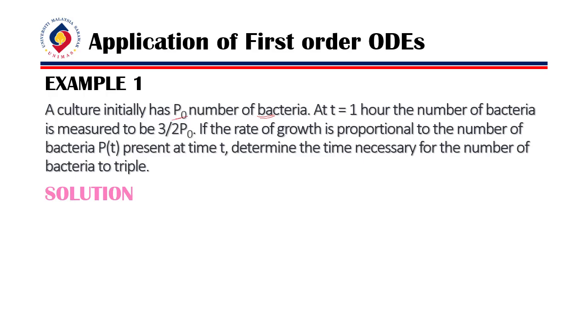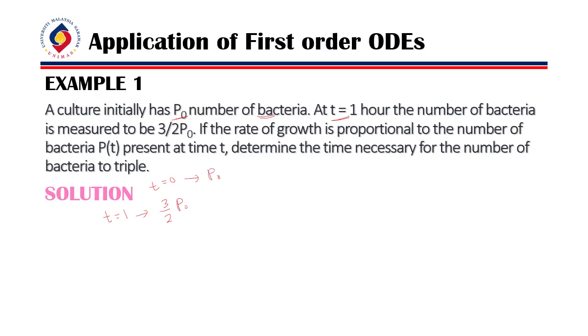We have a P naught number of bacteria. At t equal to 1 hour, the number of bacteria is measured to be 3/2 P naught. So that means when t is equal to 1, the number of bacteria is 3/2 P naught. When t is 0, it is P naught.